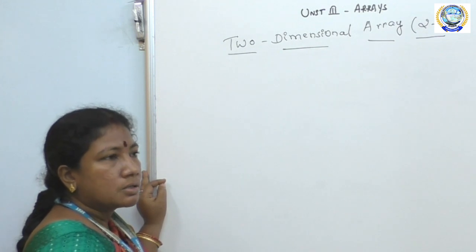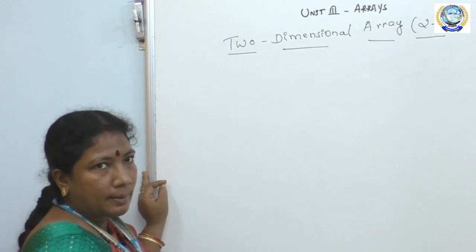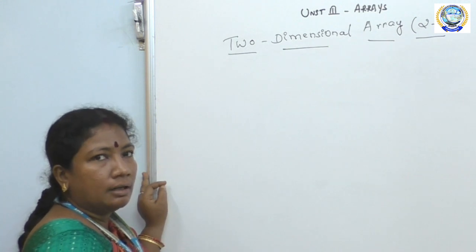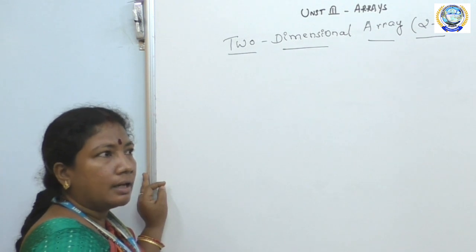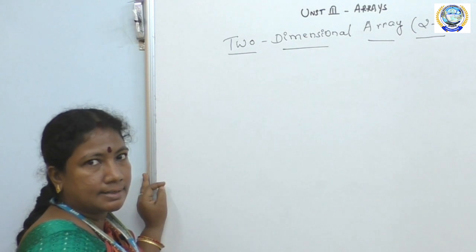Say for example, if we want to store the details in a tabular format, that is in a matrix format, we need more than one dimension. So, there we use the concept of two-dimensional arrays.